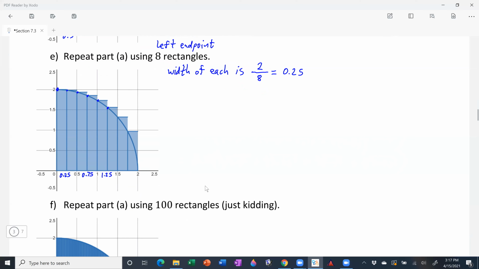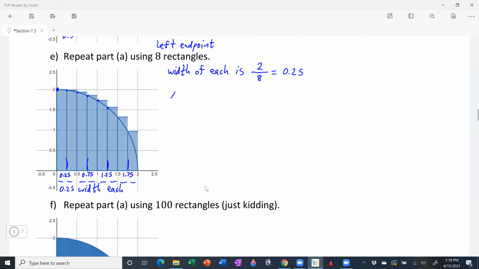Then there's the 1.5, then there's the 1.75. Those aren't the widths, I'm just labeling so that I know how to plug in these different function values. The width on each one of these is the same, 0.25. I was just labeling my x-axis so that I could think about what values I need to plug in for the height of each of these.